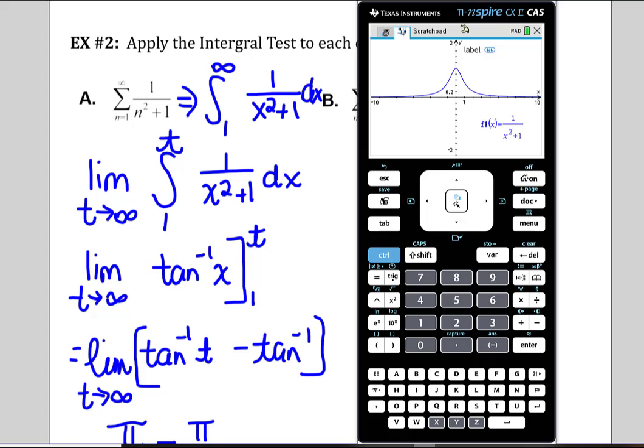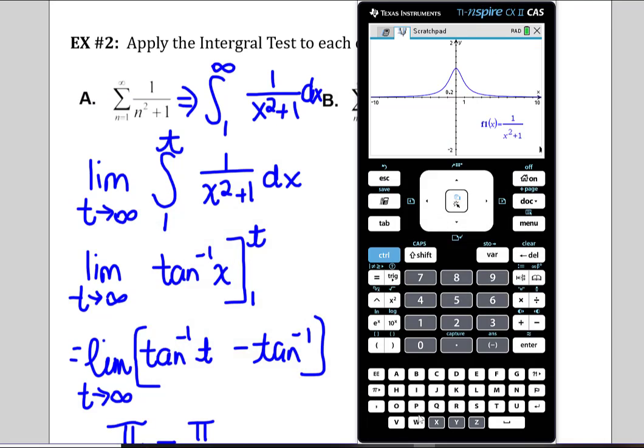Now I applied the test right away. One thing I did is I applied the test without checking my conditions, and we can do that quickly here to see that 1 over n squared plus 1 is definitely continuous. It is all positive values from 1 to infinity, and the function is definitely decreasing on that interval from 1 to infinity.